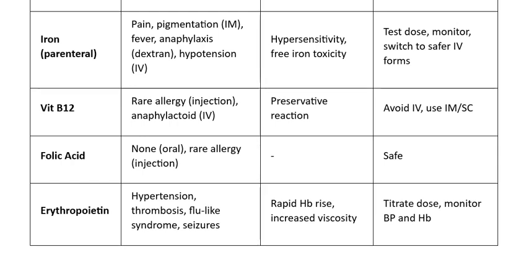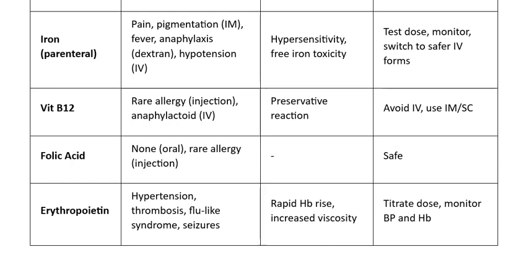And erythropoietin adverse effects. These sound potentially more serious. They can be, yes, and require careful monitoring. The notes list hypertension, increased blood pressure, and an increased risk of blood clots or thrombosis. Also, flu-like symptoms can occur, and rarely seizures have been reported. Why do those happen?